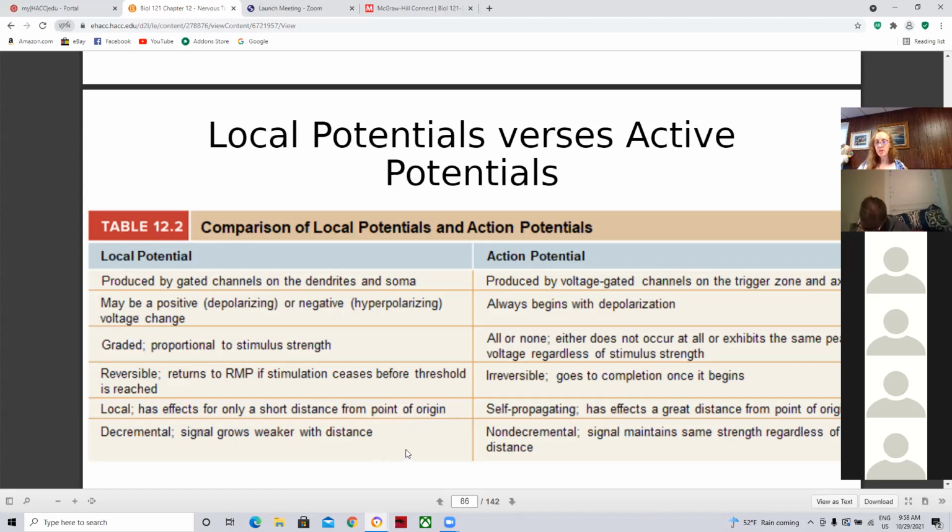Local potentials are decremental, meaning they get weaker with distance. And action potentials are non-decremental, meaning they have the same strength the whole way.